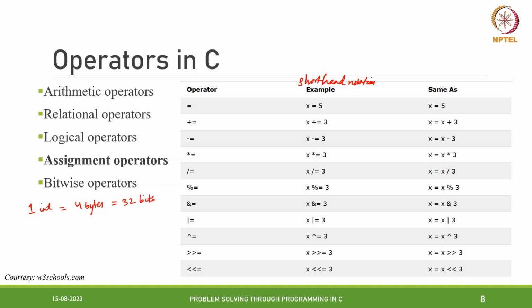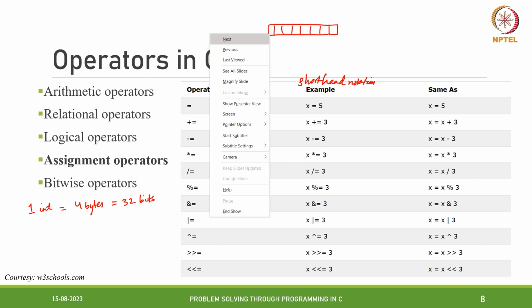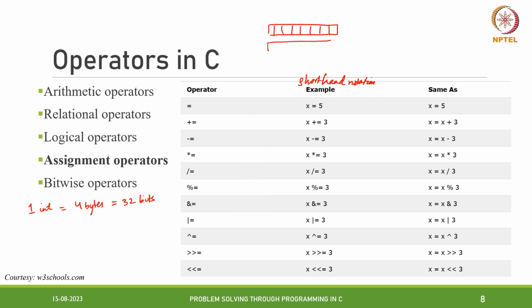Now I'll be talking about only 1 byte of memory here, just for making things simple. So I have 8 boxes, like every byte. Now similarly, consider another 8 boxes here.